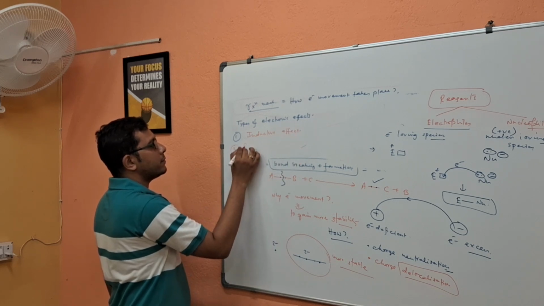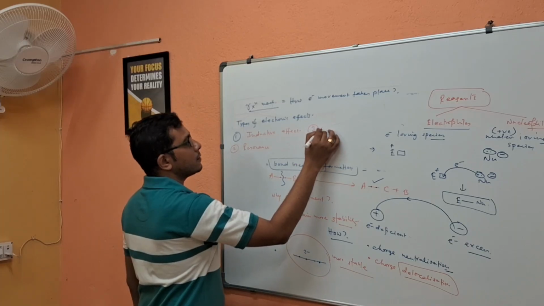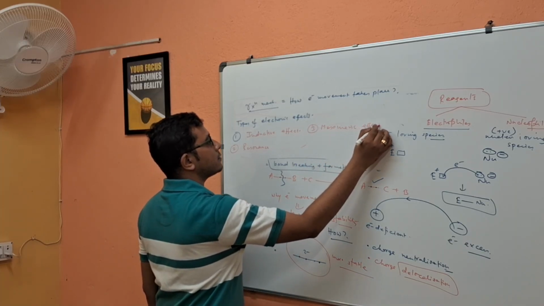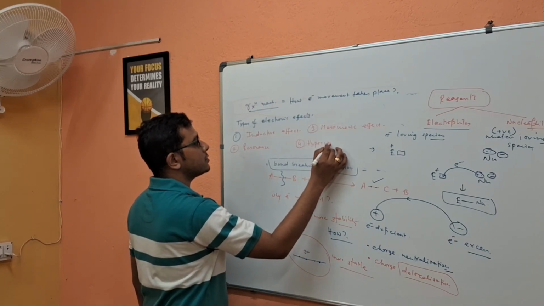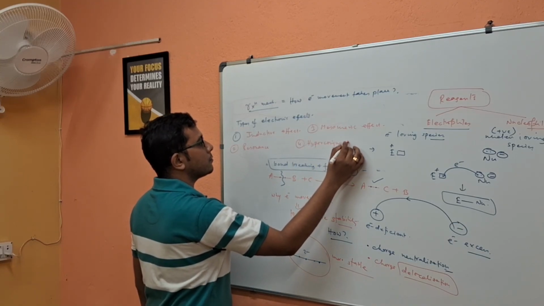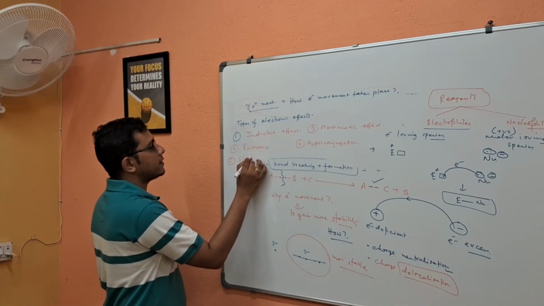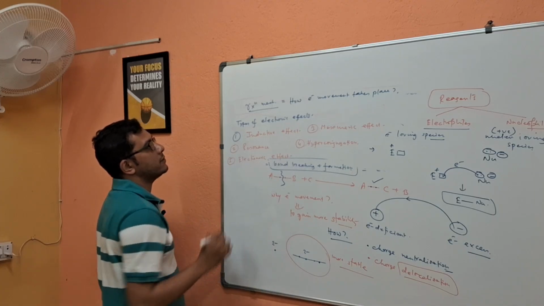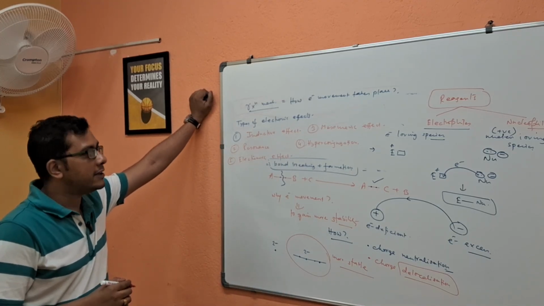Then we have resonance, mesomeric effect, hyperconjugation, electromeric effect. Right, so there are different types of electronic effects available.